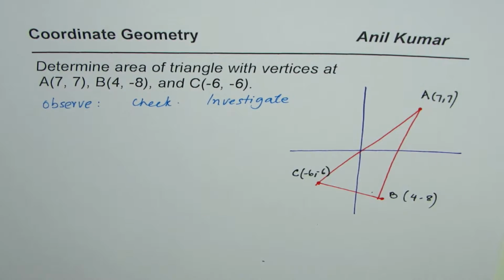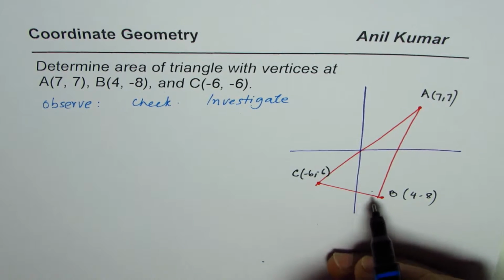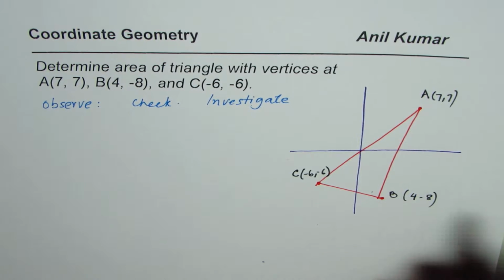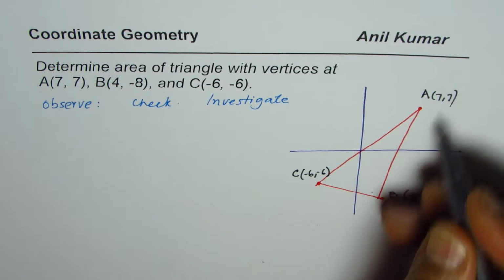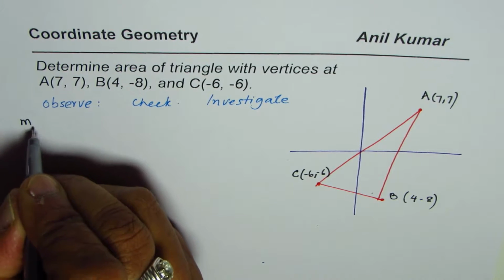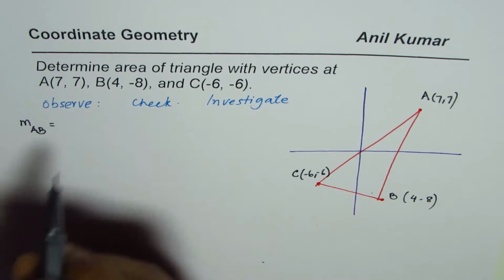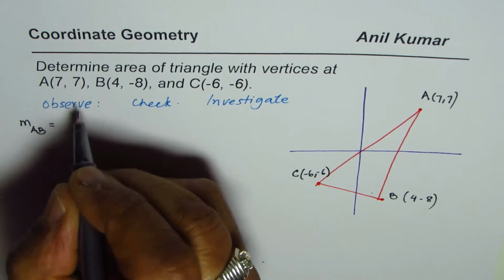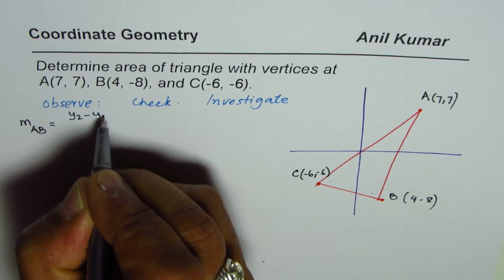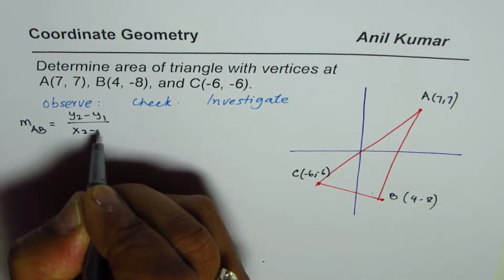In a test paper, it is important to spend that extra time to save a lot of time. So let us find the slope of these lines. What is the slope of line AB? The formula is y2 minus y1 divided by x2 minus x1.